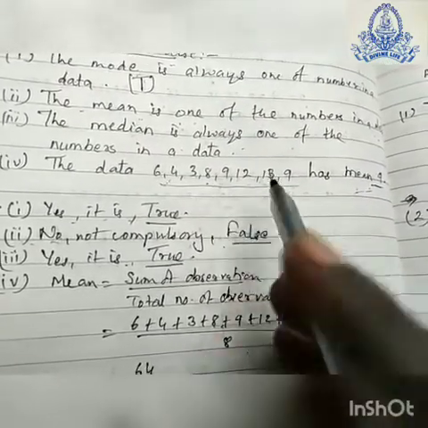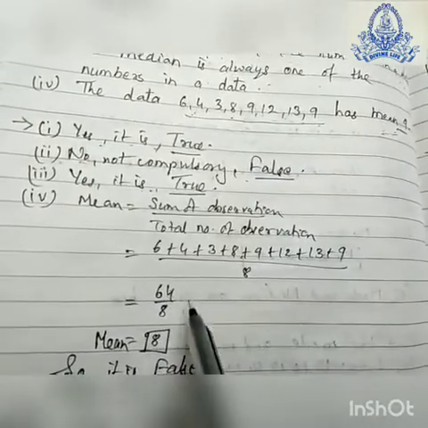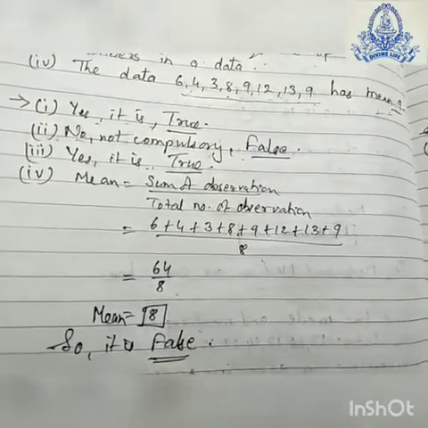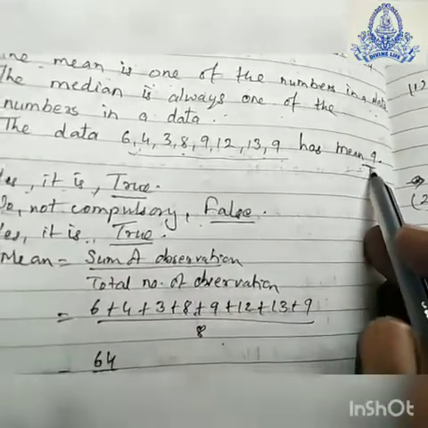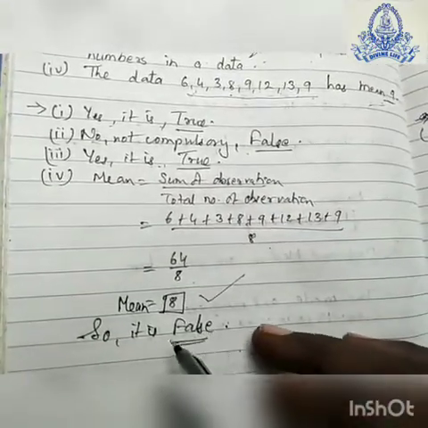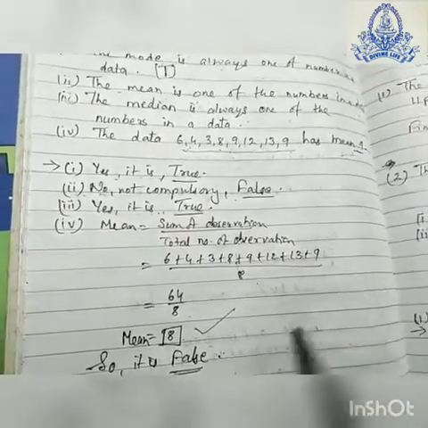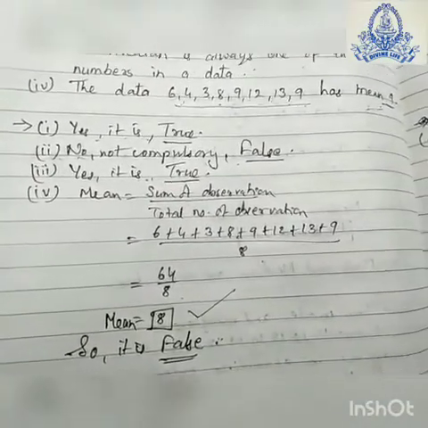So I got 64 upon 8, that is 8. The mean of this data is 8, but here they have given the mean as 9, so this is false. By this we have completed the exercise.